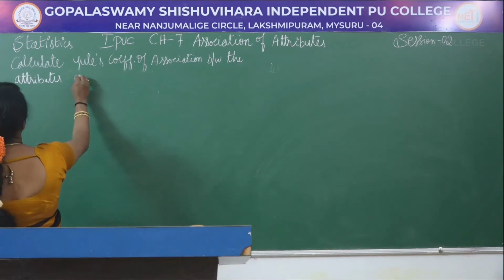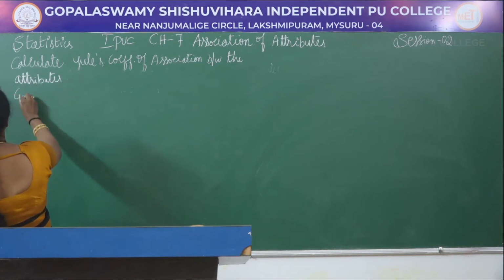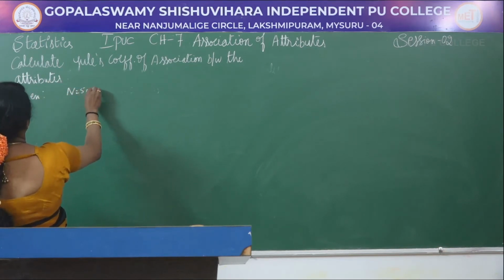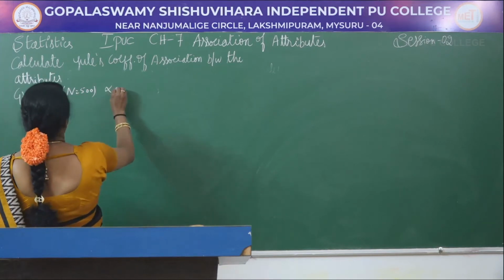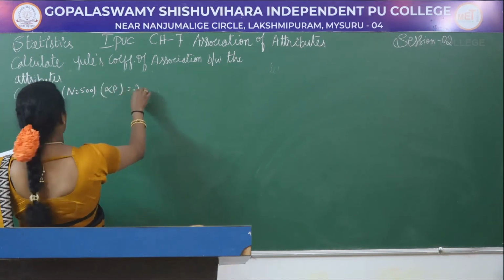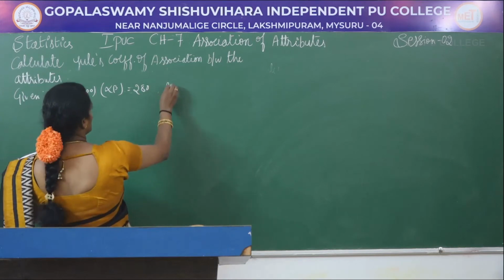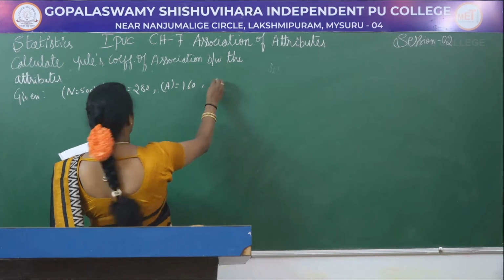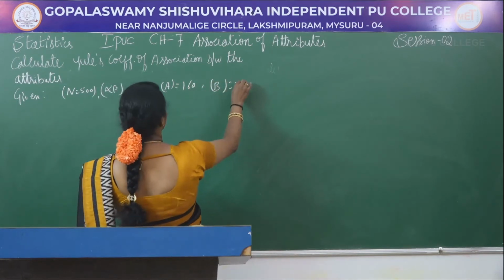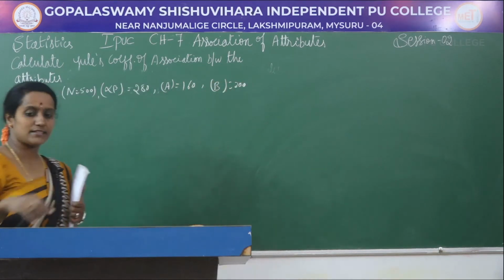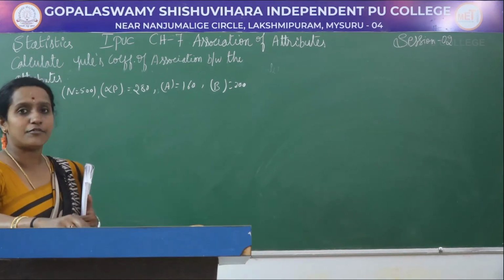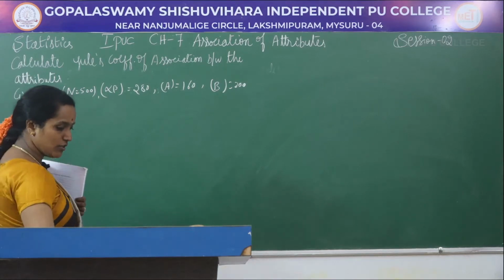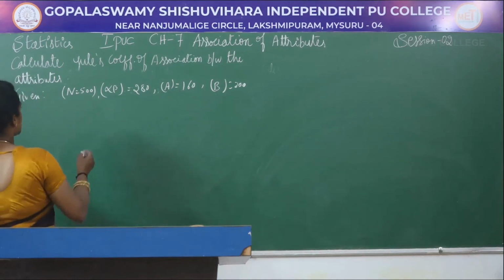Here they have given n is equal to 500, alpha beta is equal to 280, A is equal to 160, B is equal to 200. For this, first we have to complete the table, then we go for the further calculation. Let me complete this table.